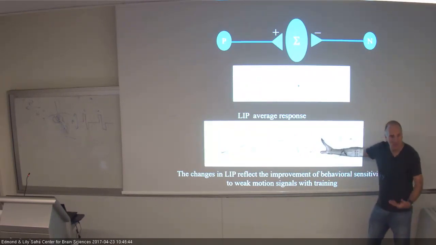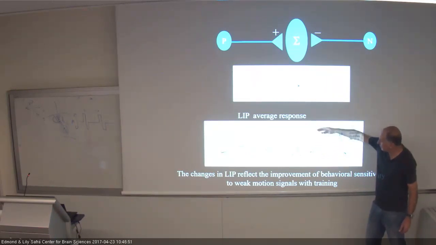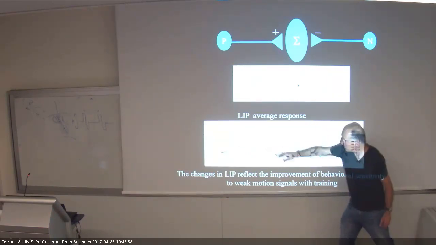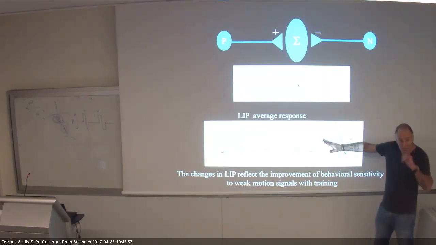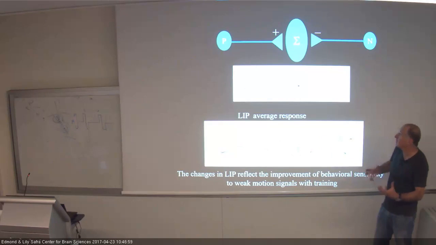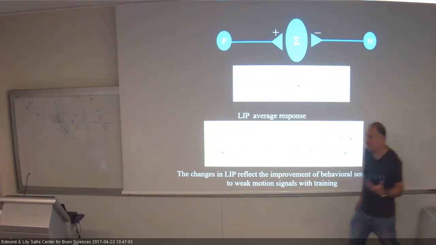The slope is much faster. You come to a decision much faster, right? So you become more effective in your decisions in the late sessions compared to the early sessions. This is an average, okay? It's not the same cells. Unfortunately, it's not the same cell, but this is an average. It's showing that you're now pooling information in a more effective way.